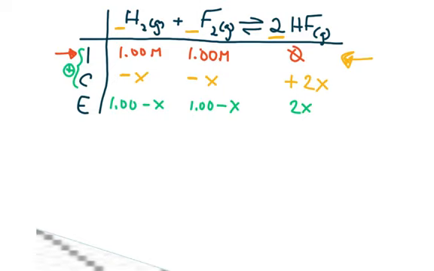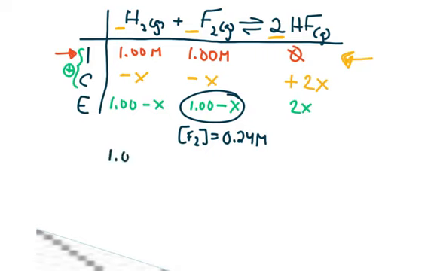Now it's time to go back to the word problem where they gave me an additional piece of the puzzle. They actually told me that F2 at equilibrium is equal to 0.24 moles per liter. Equilibrium for F2 is also 1 minus X, as I can see from my ice table, which means I can let these two things be equal to one another.